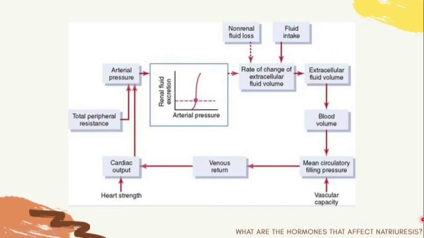And once your cardiac output is increased, there will also be an increase of your arterial pressure. And once there is an increase of your arterial pressure, there will be increased urine output by the pressure diuresis mechanism. And if there is higher arterial pressure, pressure natriuresis might then occur in your body.